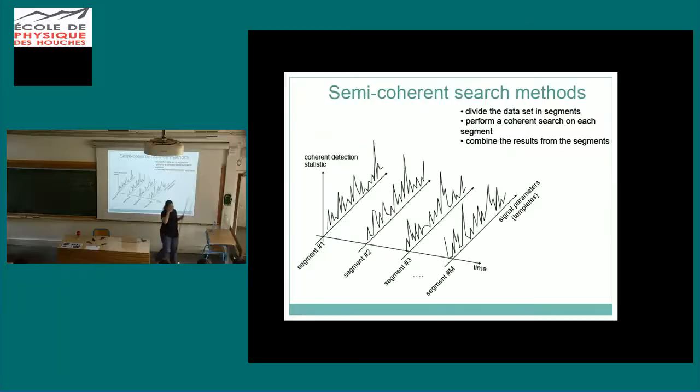So what we do is we divide up the data in segments. So we don't just do an FFT, a coherent search over 1 year of data. We divide it in segments that are computationally manageable. We do the searches separately on these segments, and then combine the results.